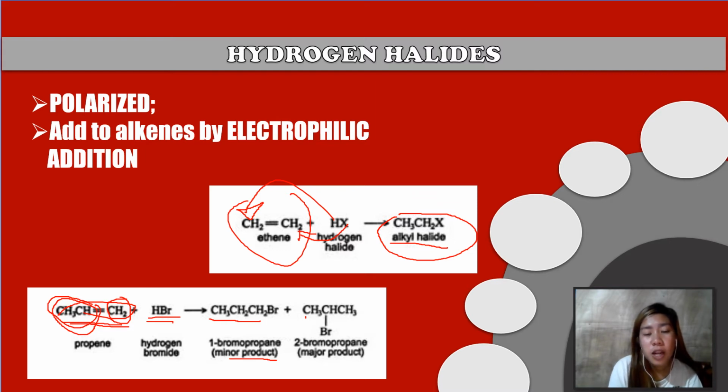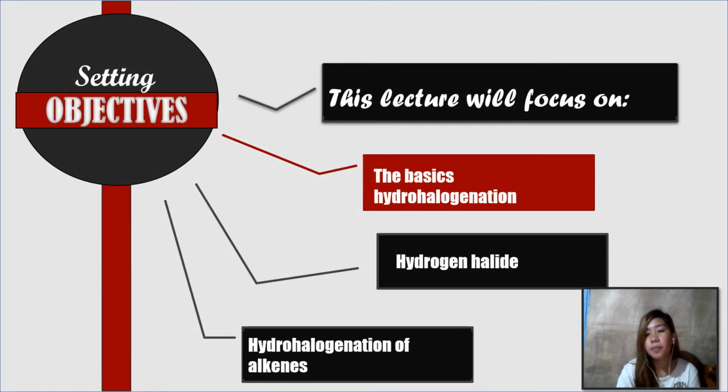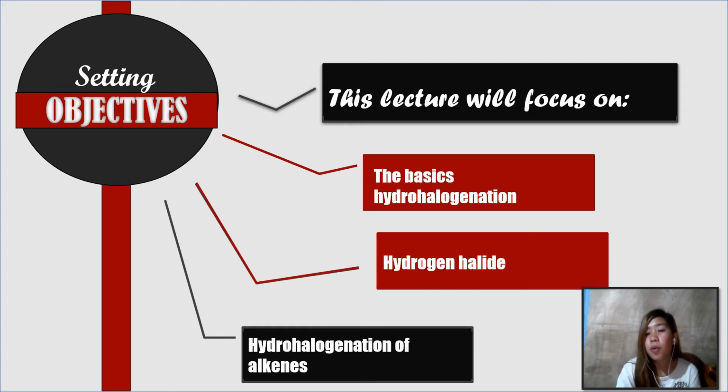But later on, I'm going to discuss what we should follow in creating the product for this reaction. So we are done with the basics of hydrohalogenation. Now we're also done with the hydrogen halide.